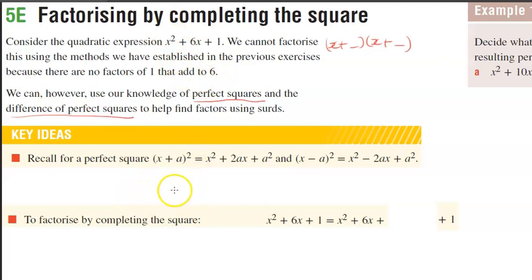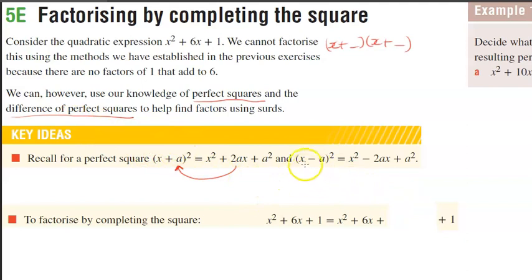Before we consider how to tackle a question like this, we've got to remember our perfect square rules. When we have x plus a, bracketed and squared, the expanded version is x squared plus 2 times a, plus a squared. Going from this expression to this factorized form is what we're going to utilize, and then we're going to deal with the messy surd part towards the end using the difference of perfect squares.